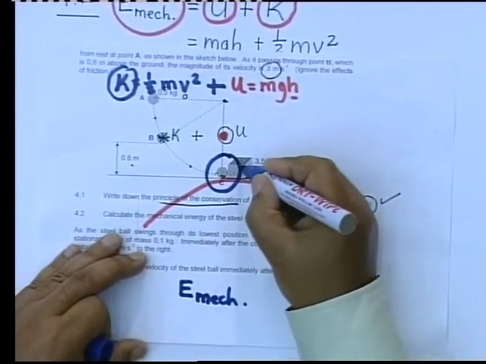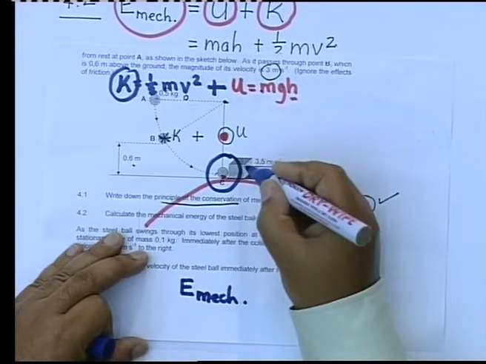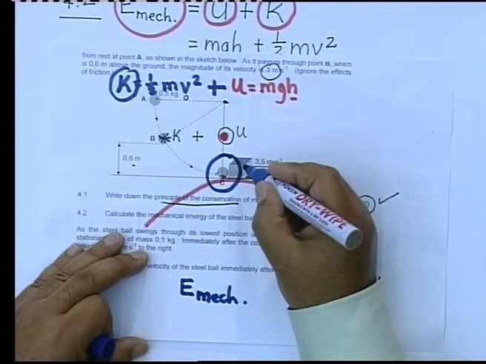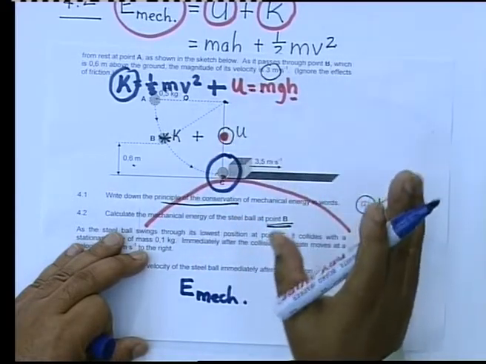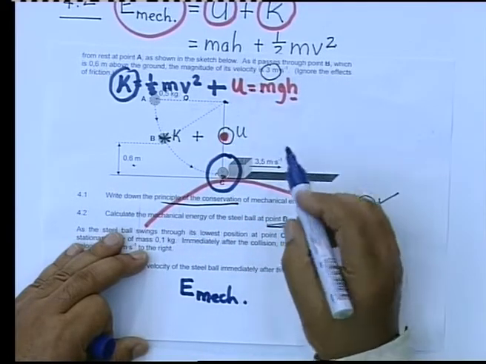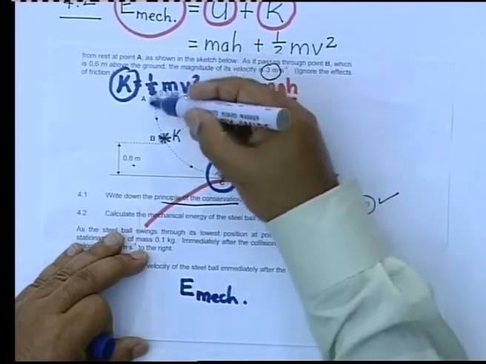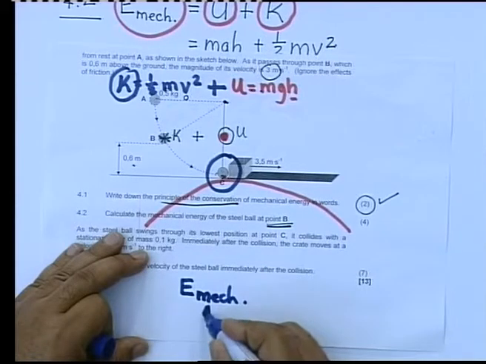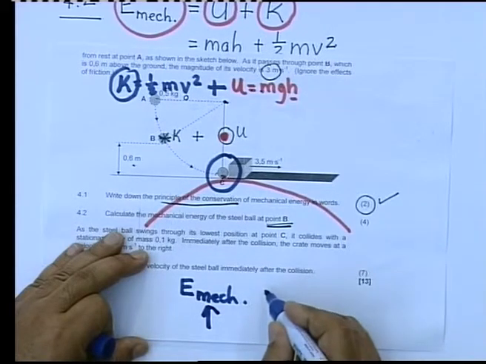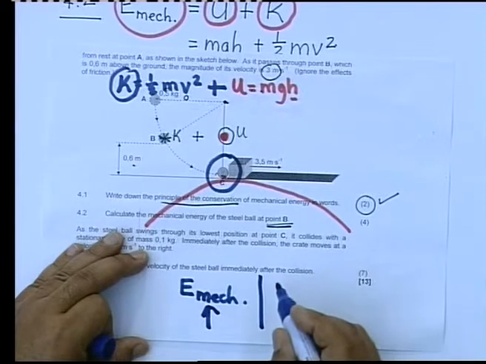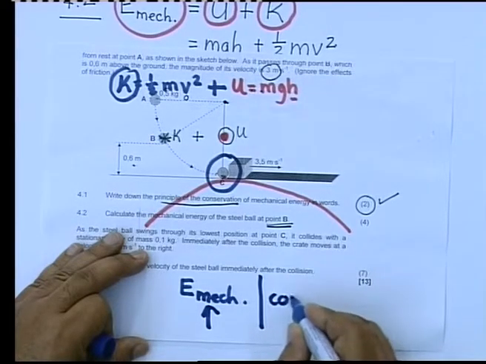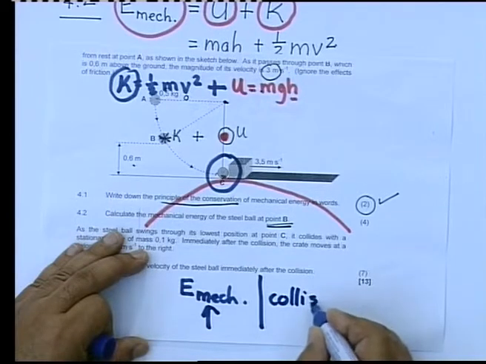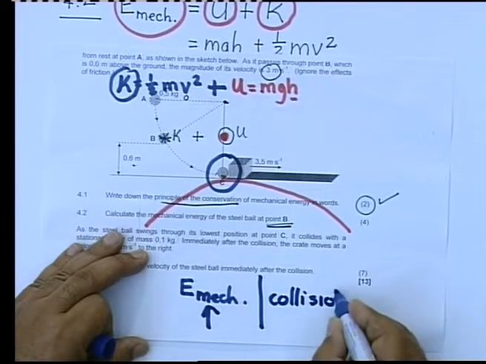And then it hits against the crate. So we have two types of things happening here. One is a swing with mechanical energy, and the other thing that happens, a split second later, is that I have a collision between the ball and the crate.